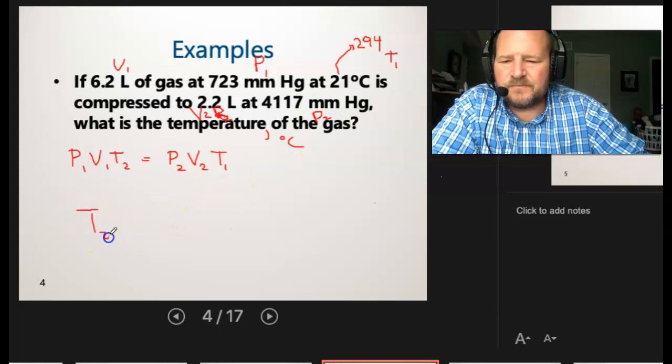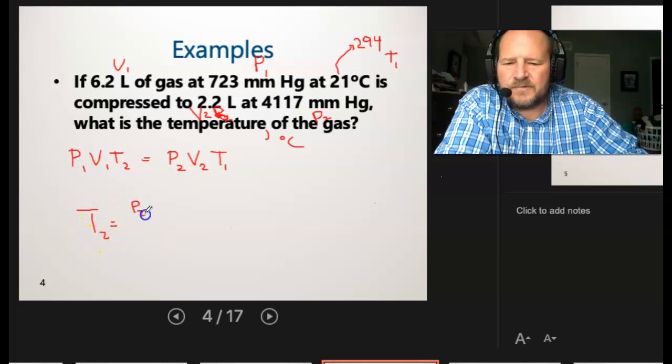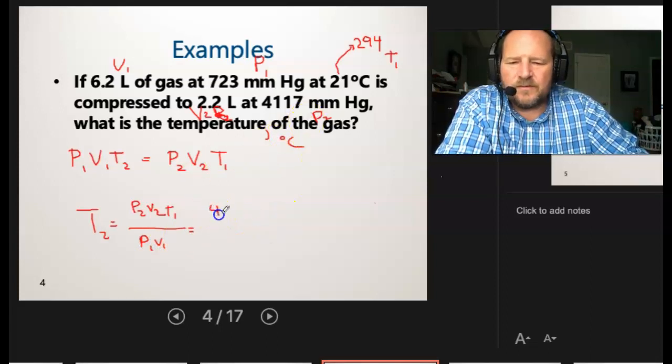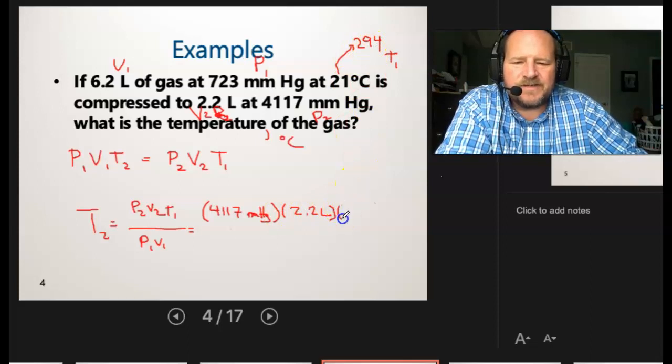T2 is going to equal P2 V2 T1 over P1 V1. Plug and chug. P2, 4,117 millimeters of mercury times V2, 2.2 liters times 294 Kelvin, T1.